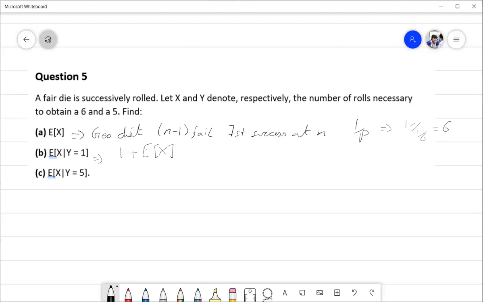So 1 plus expectation of x, in which this is the first trial, in which it is fixed that you have a y, or basically a 5, right? So 1 plus E of x, and I already know what E of x is, that is 6. So 1 plus 6 is 7, right?